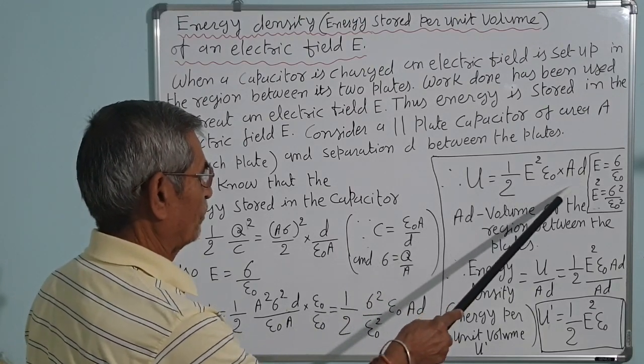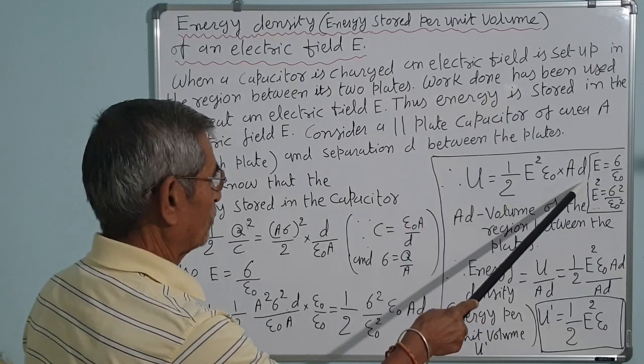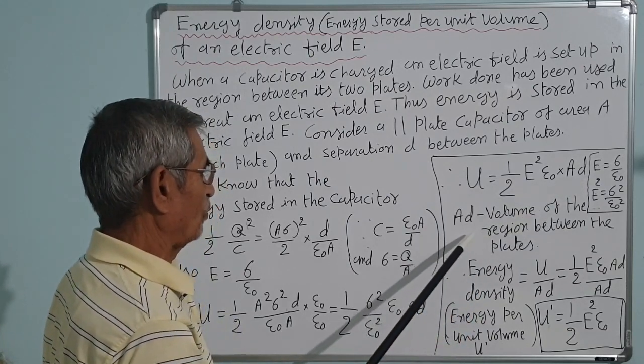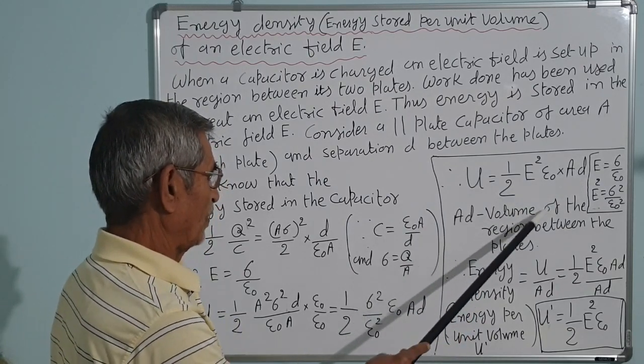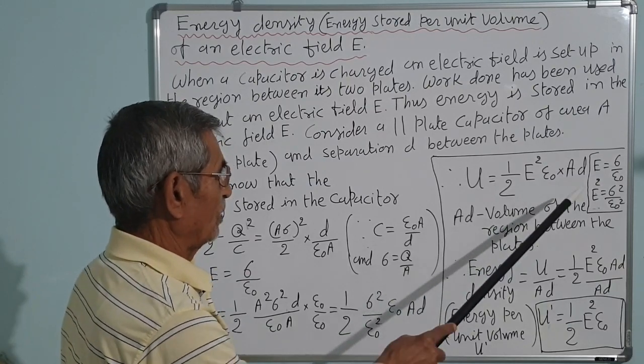AD is the area into the separation between the two plates, that is the volume of the region between the two plates.